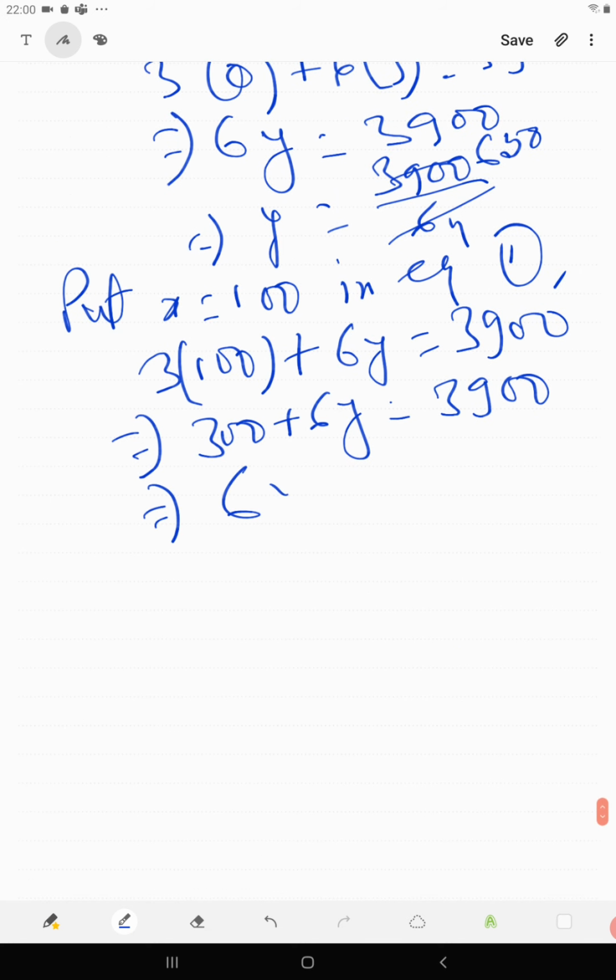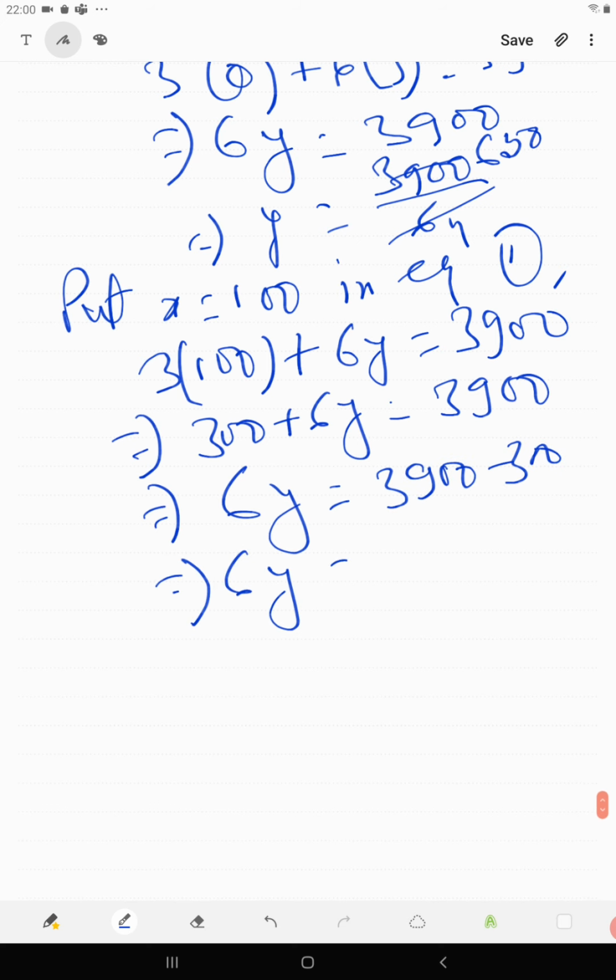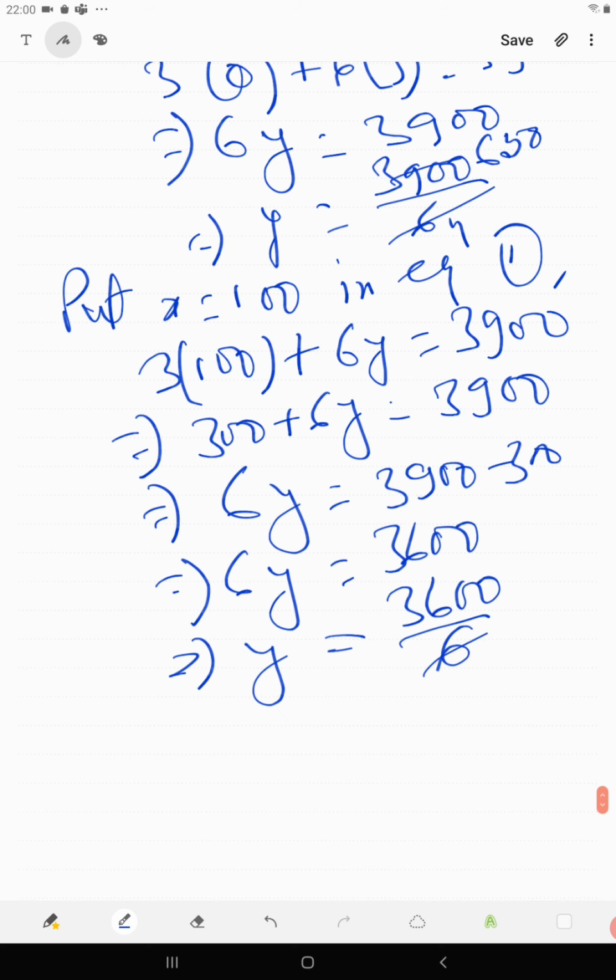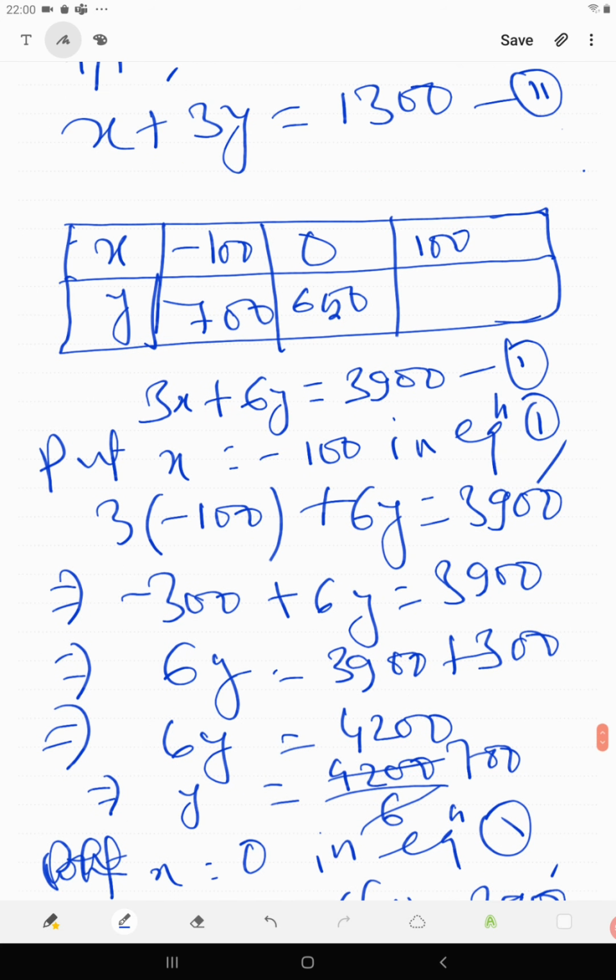So 6y will be equal to 3900 minus 300. So we get 6y equals 3600. So y equals 3600 by 6. So we got y equals 600. So let's put it over here.